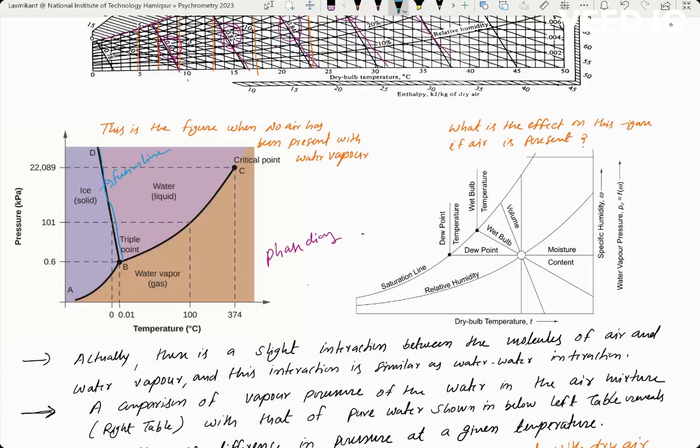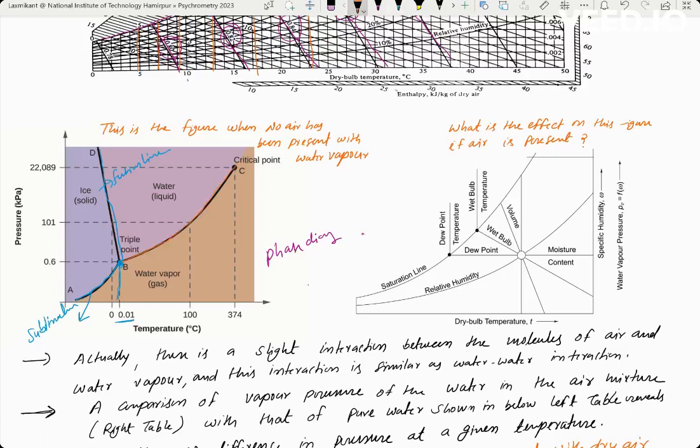This line is called the sublimation line, the sublimation curve. This point B is called the triple point, for water it is 0.01 degree Celsius. This line, B to C, is called the vaporization line.